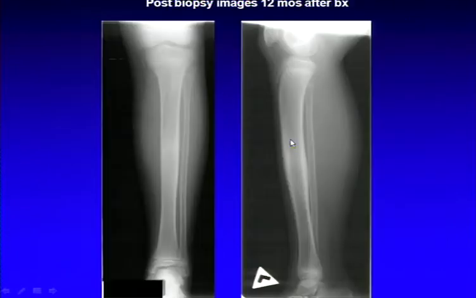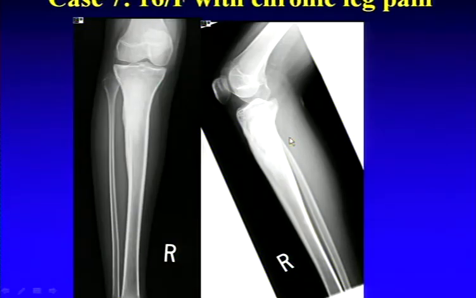And here he is 3 months after biopsy, and here he is 12 months after biopsy with nothing other than a biopsy, no chemotherapy, no medications, no steroids, just a biopsy. And I believe, and the evidence is emerging, that you really don't need to treat those patients with chemotherapeutic agents.